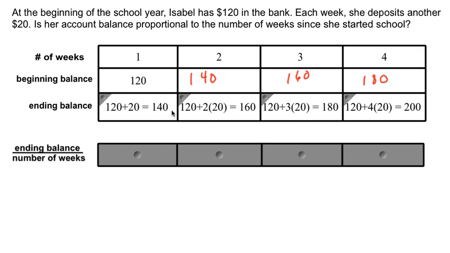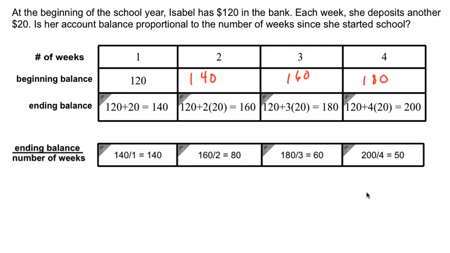So her ending balance is given here. If we take her ending balance divided by the week number, will we get a constant rate? Well, let's check it out. 140 divided by 1 is 140. 160 divided by 2 is 80. 180 divided by 3 is only 60. And 200 divided by 4 is 50.